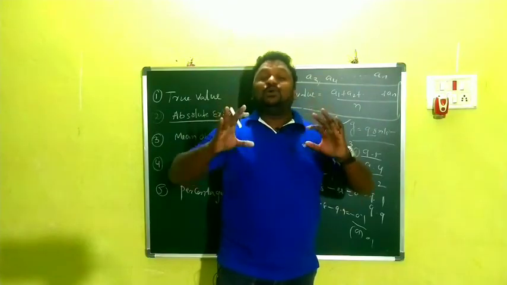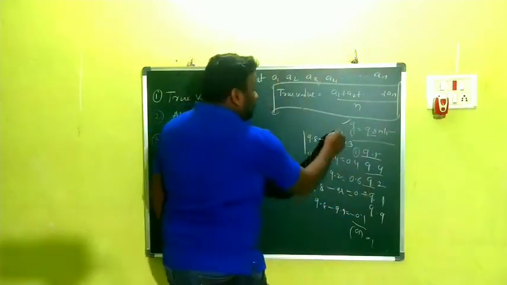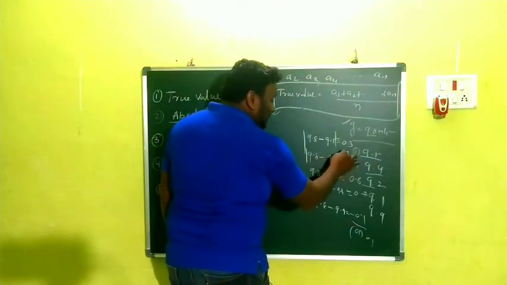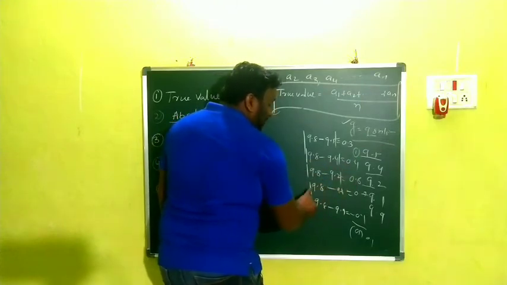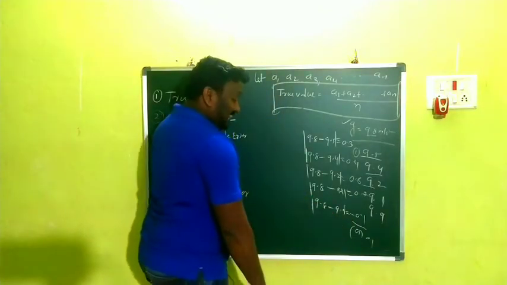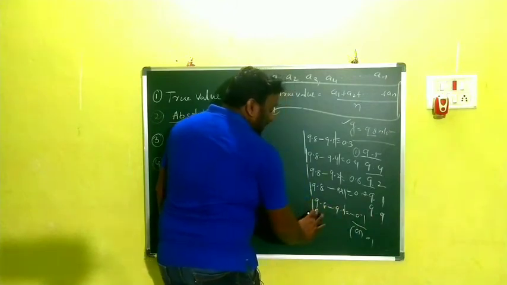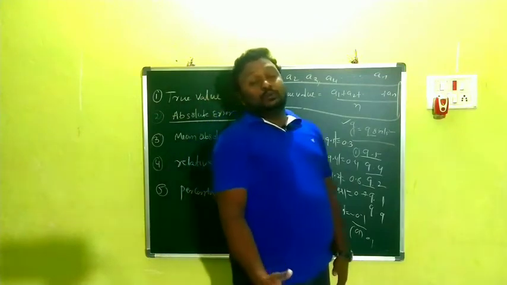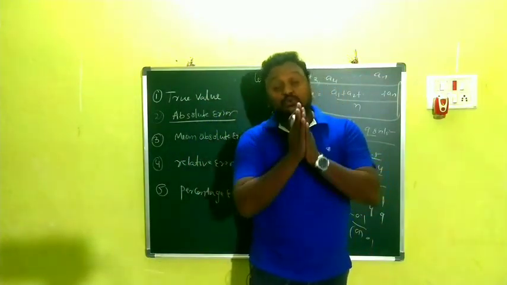Because we will consider only magnitude, that means mod of 9.8 minus 9.4, mod of 9.8 minus 9.2, and so on. Even though we are reading minus 0.1, we have to take only the magnitude.